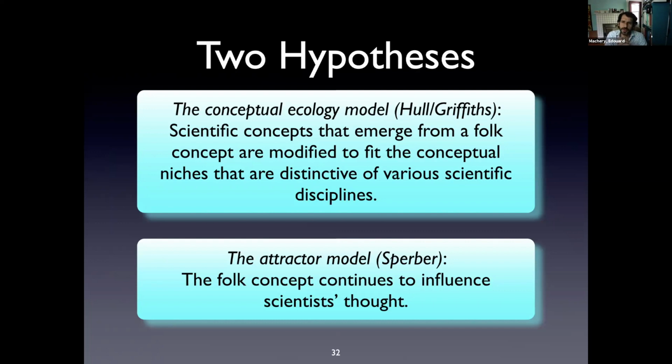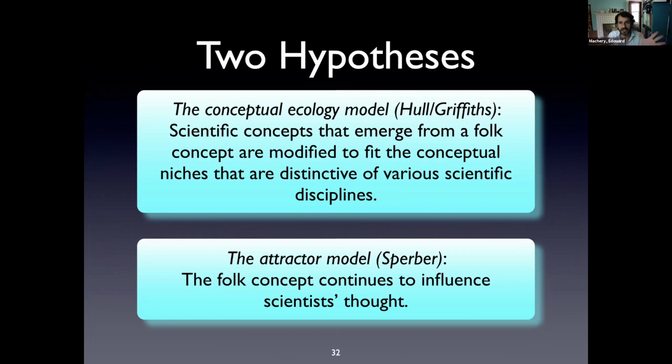The conceptual ecology model starts with the idea that the concept of innateness belongs to the manifest image, is imported into sciences, not one science, and then gets to be refined intentionally or not to fit the theoretical and experimental needs of various scientists. So it's going to be imported in linguistics, in psychology, in developmental biology, and so on and so forth.